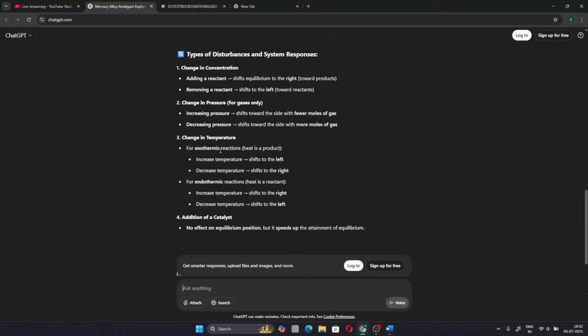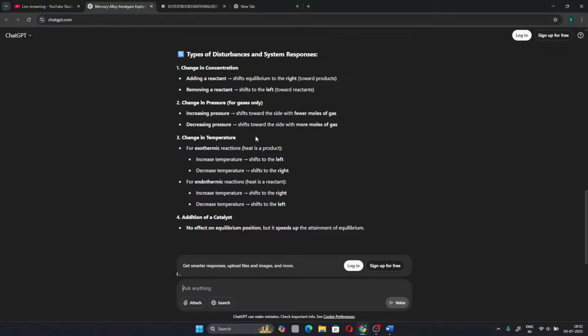When we increase the pressure, the reaction will shift towards the gases with lesser moles, the lesser amount of substance. But when we decrease the pressure, the side with more moles of substance is favored.